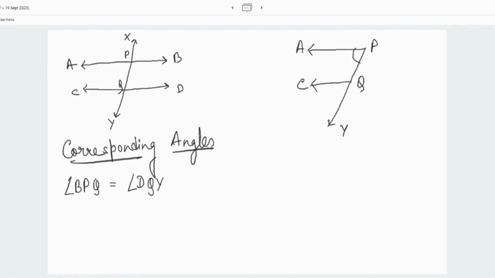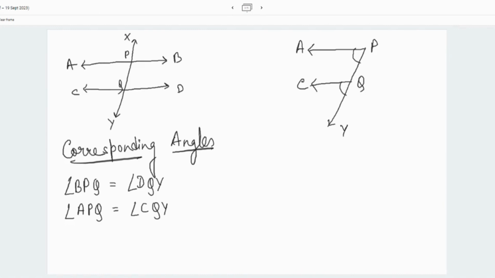Again, am I getting two angles on the same side of the transversal? Just notice this, that both these angles are on the same side of the transversal. XY is the transversal. So angle APQ equals angle CQY. These two angles are again equal and they are the second pair of corresponding angles.